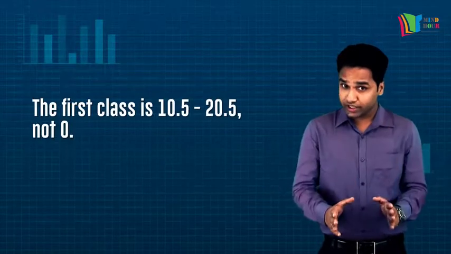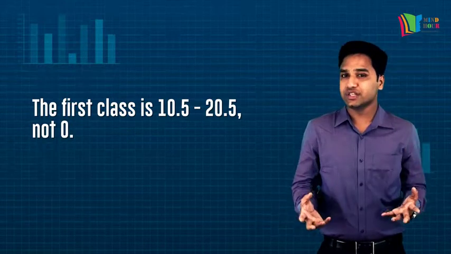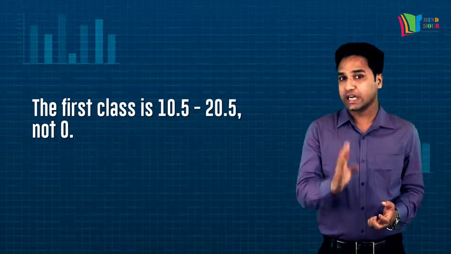Before we proceed to draw the histogram, we notice that our classes do not start at 0 and that the first class starts at 10.5. Since 10.5 is not equal to 10 units, this means that the first 1 centimeter on the x-axis represents 10.5 units and not 10, as we had chosen as scale.